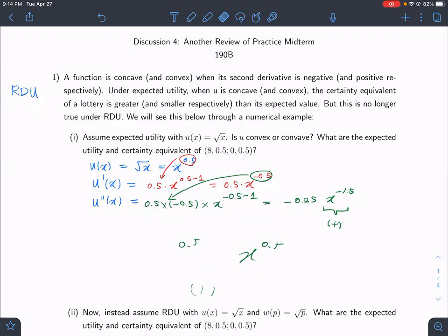It can be negative in engineering courses, but in economics, we don't think about imaginary numbers. So forget what I said. It is positive, and this number, minus 0.25, is negative. So combined, it should be a negative number. Any questions?